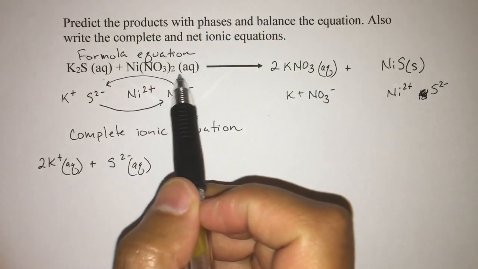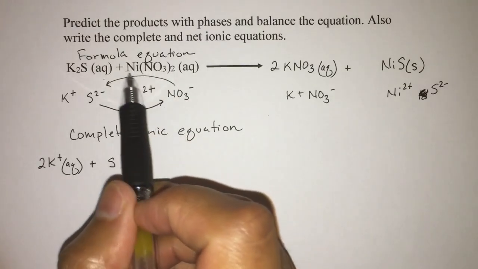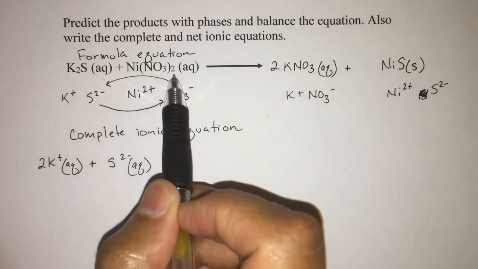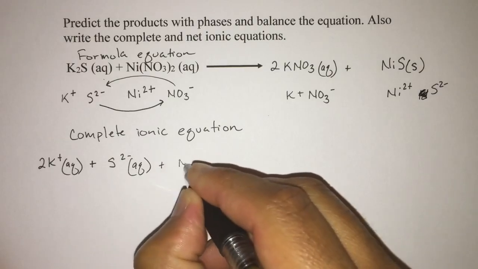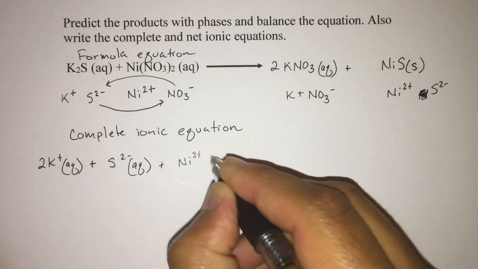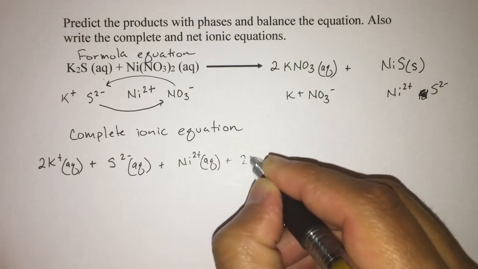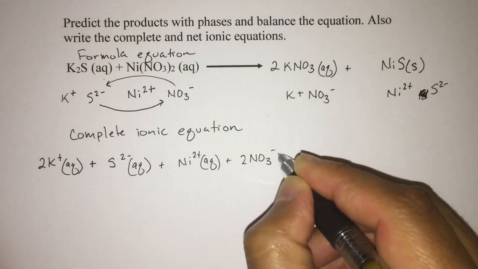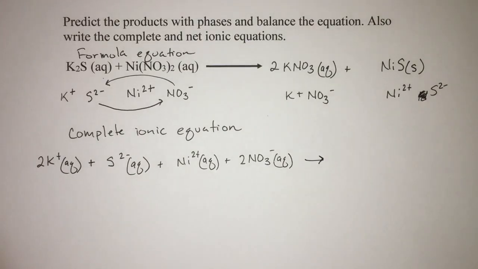Look at the nickel nitrate. For every 1 mole of nickel nitrate, there is 1 mole of nickel that dissociates, 2 moles of nitrate that dissociate. Okay, let's look at the product side.